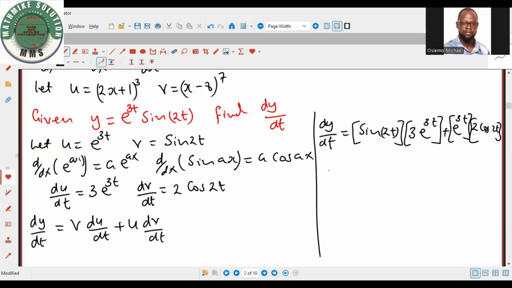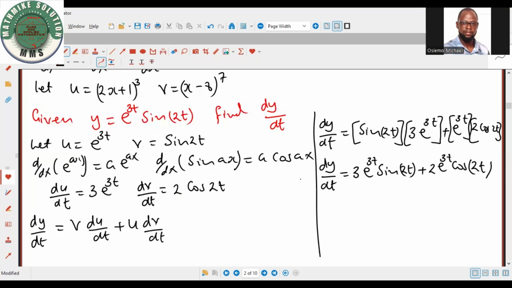So let us arrange and simplify. dy dt is equal to 3 exponential 3t sine 2t plus 2 exponential 3t cos 2t.